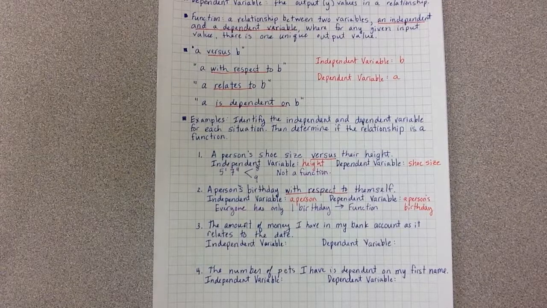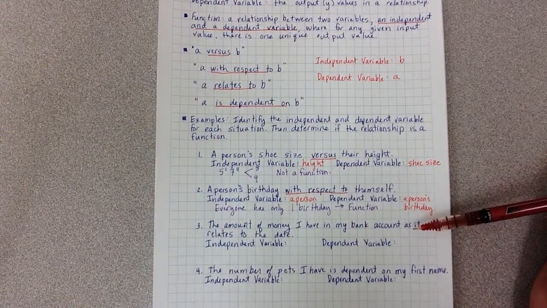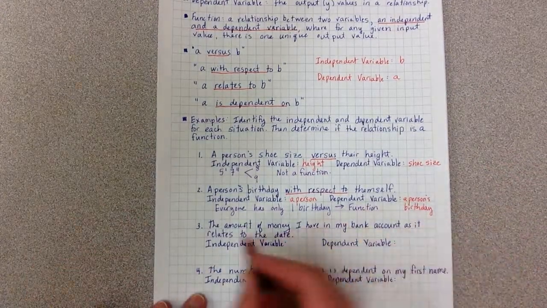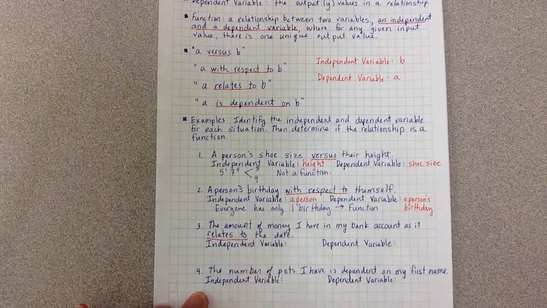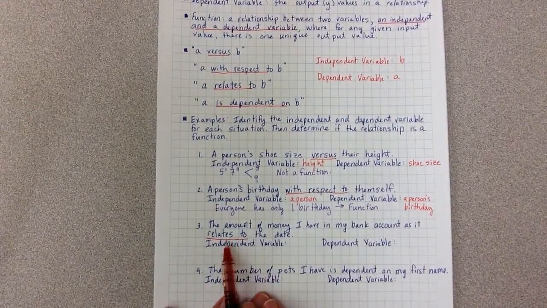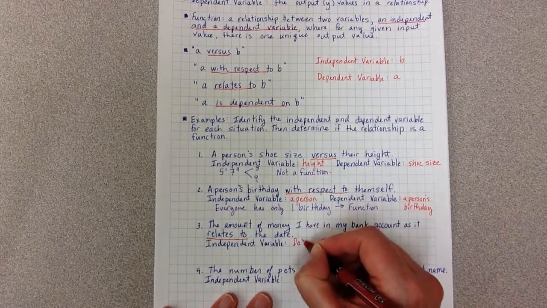Example 3. In example 3, we have the amount of money I have in my bank account as it relates to the date. So in this case, we have the phrase relates to. Again, remember that the part of the sentence that comes after relates to is the independent variable. So we have date.